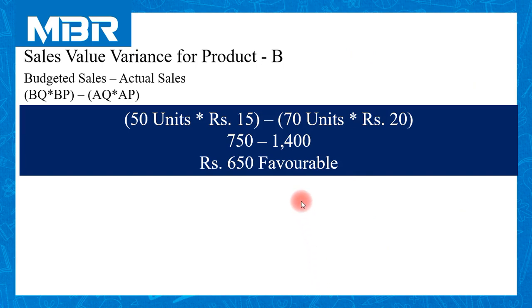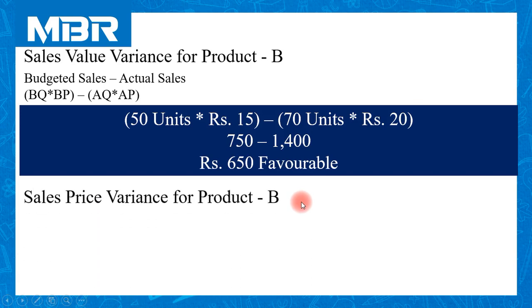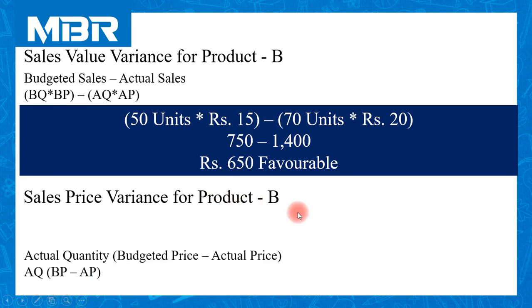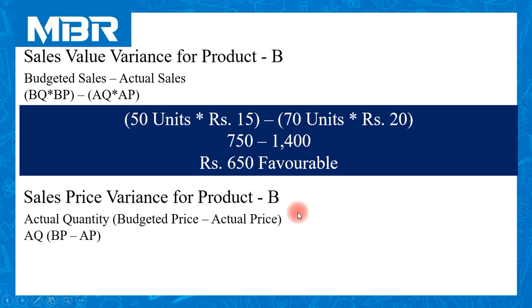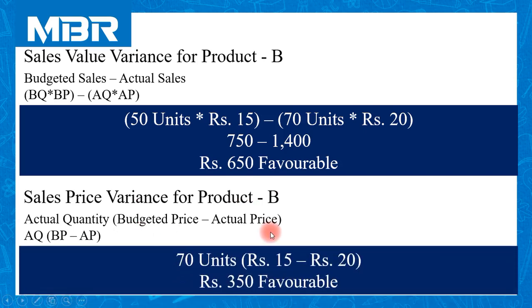Now move towards the next variance for product B. Sales price variance for product B. Formula for sales price variance: actual quantity into bracket budgeted price minus actual price. Information of actual quantity is as given in the question, 70 units.